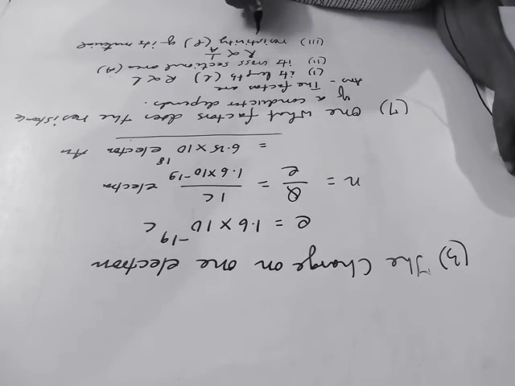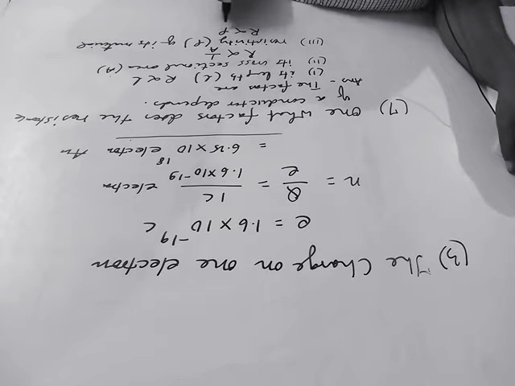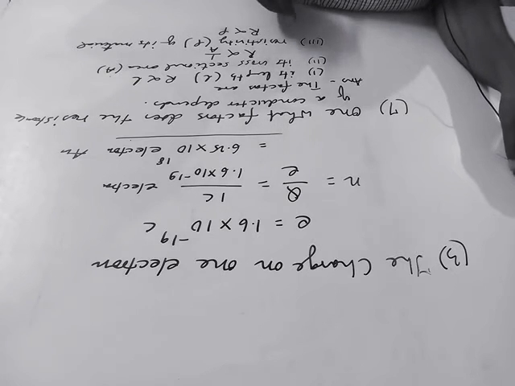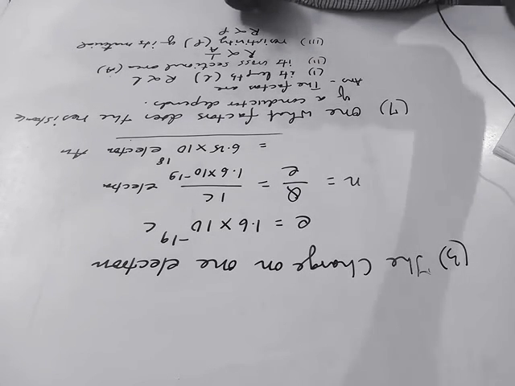So R is directly proportional to rho, because when rho is more, R is more. When rho is less, R is less. So these are the answers, right?